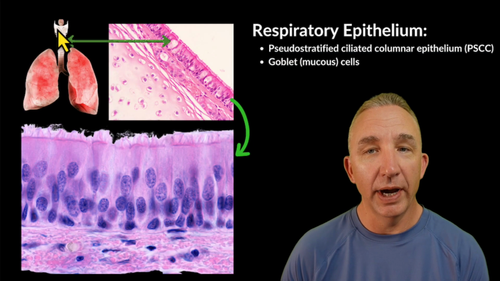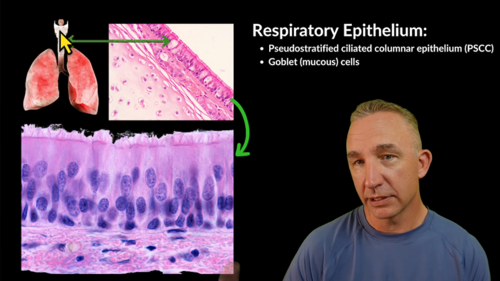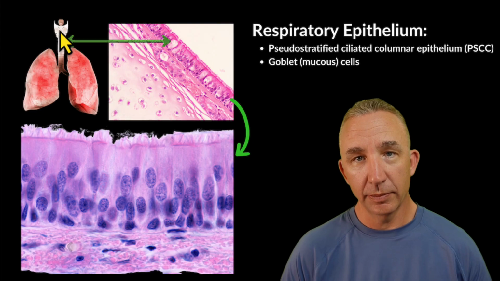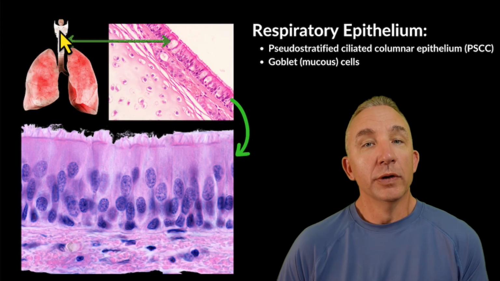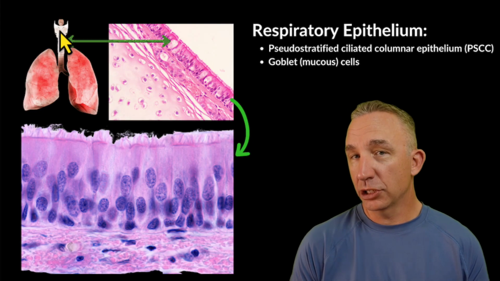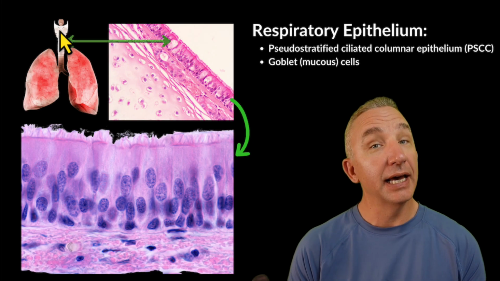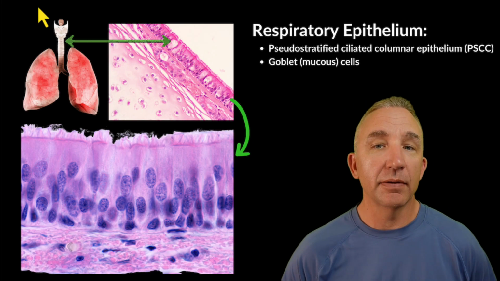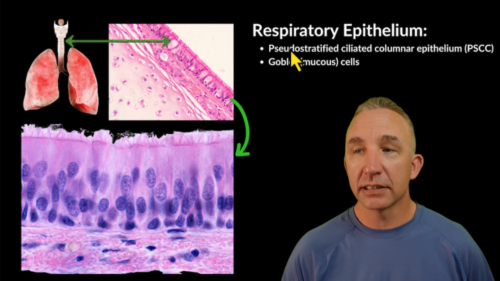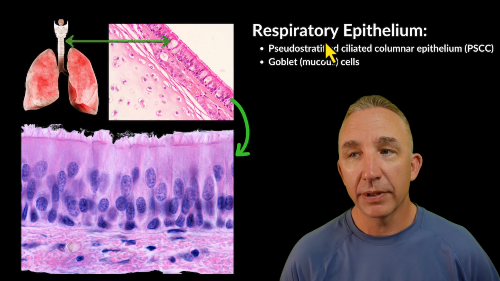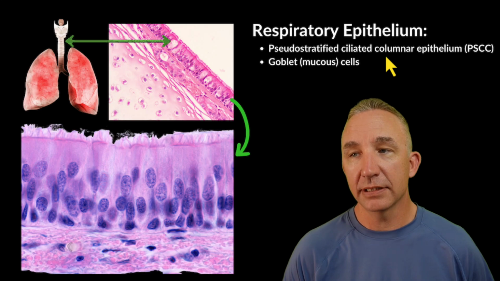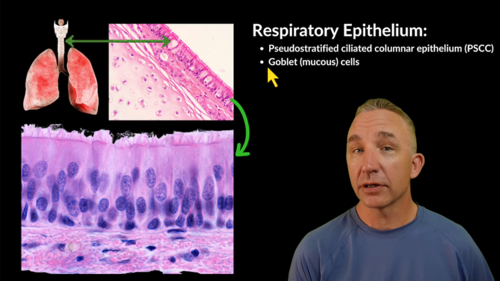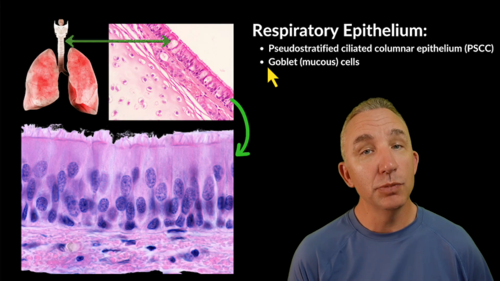When I pull this away, and it's lined through different parts that we'll discuss later, when we get into the deeper part of the respiratory portion of the zones for inhalation and exhalation, it's going to change, and we won't see this PSCC, but primarily when we go through our pharynx, and then when we see this in the trachea, it's lined what we call our respiratory epithelium, and it's pseudostratified ciliated columnar epithelium, mixed in with what we call goblet cells, or they're called mucus cells because they produce mucus.